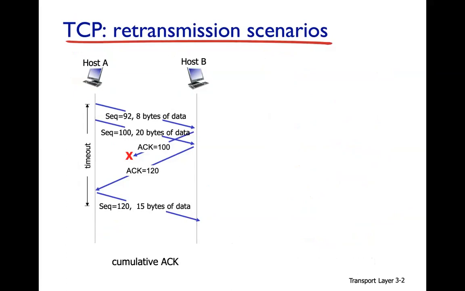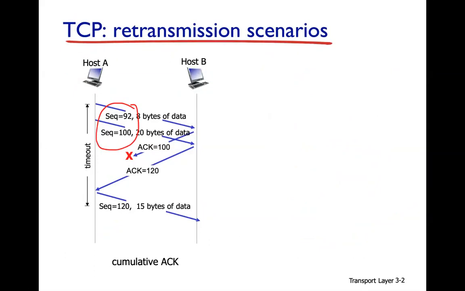Now this is another scenario. I sent out two segments, 92 and 100. The first ACK is lost.